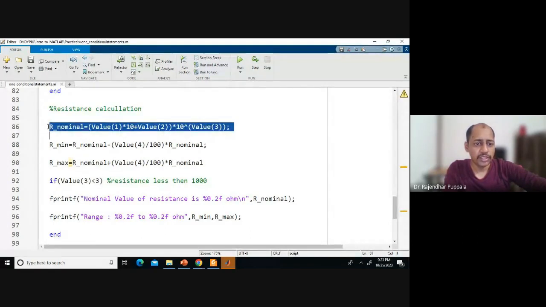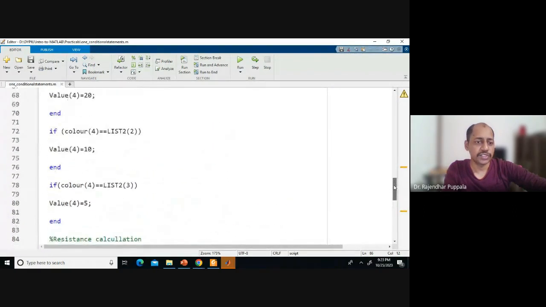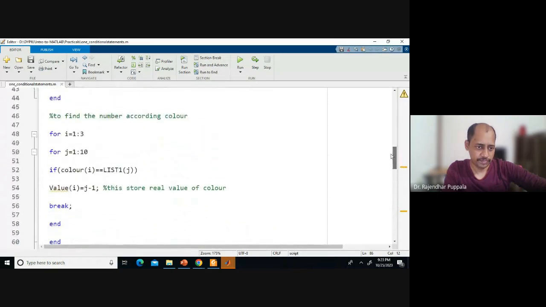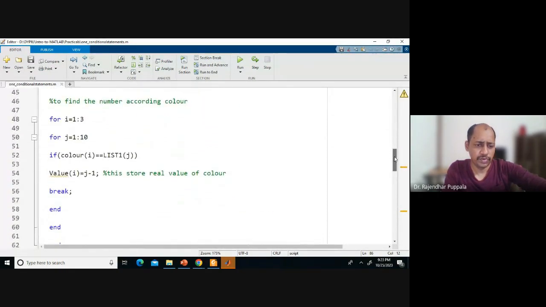R nominal is equal to value 1. How do you get the value 1, sir? Based on the first resistance value, right? From the first resistance value, from here you will get value 1.